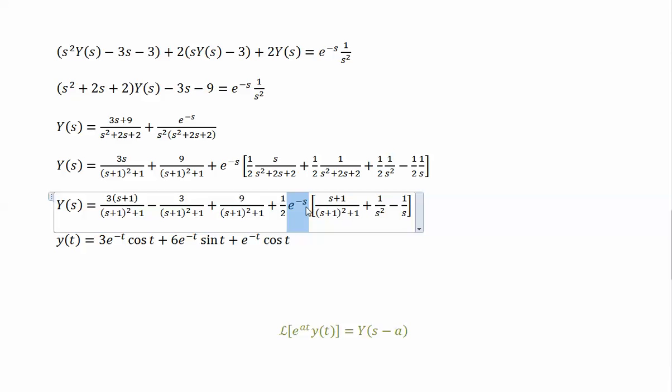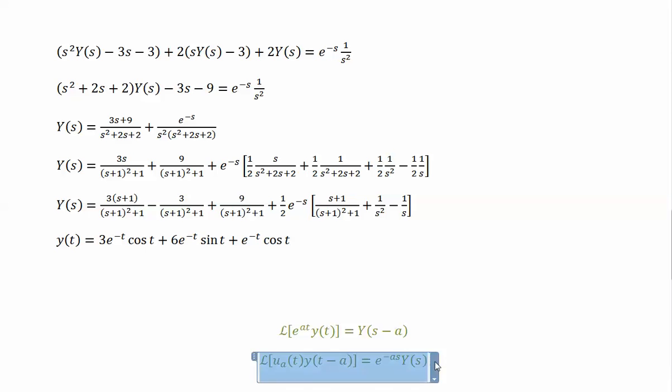But then we also have times e to the minus s. So now we get to use the t-shift rule, which I have just inserted down here. And the t-shift rule says if on your Laplace transform side, if you have an exponential, the effect of that back in when you take the inverse is two things. First, a Heaviside function, and also your inverse Laplace transform gets shifted.